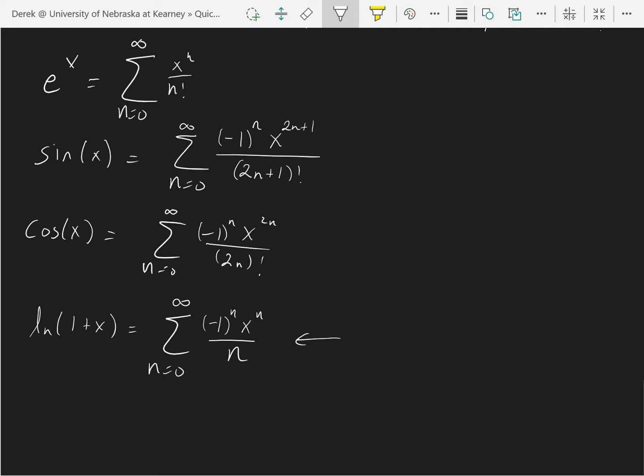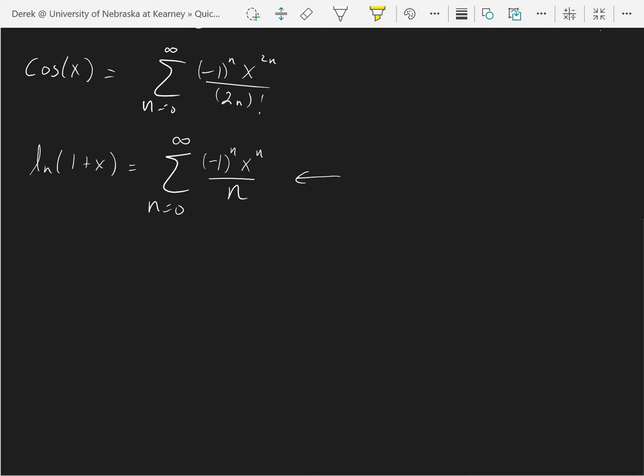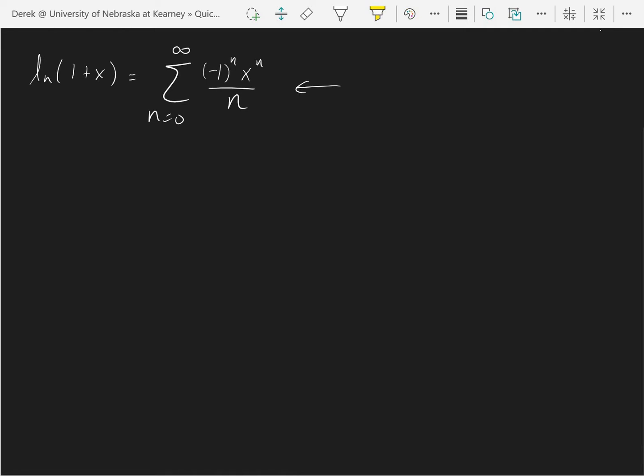Let's check this one. That one I'm not quite sure on my memory. So let's see how we actually find these given a function. So let's look at the natural log of 1 plus x and see if we can show that it's equal to this sum that I think I have in my memory.